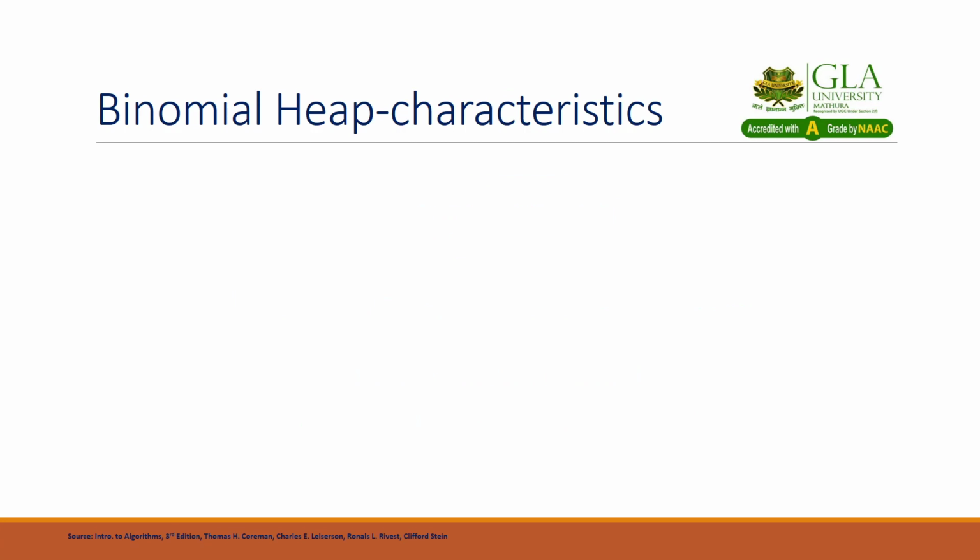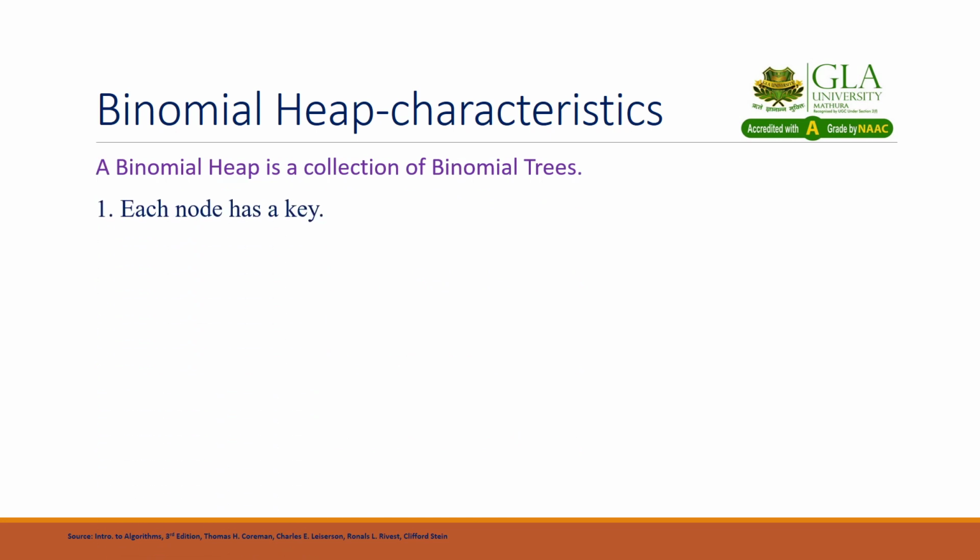So first, what is the binomial heap? The binomial heap is a collection of binomial trees, and all of you know about the binomial trees that I have discussed already in my previous video. Now what are the basic characteristics? First, each node has a key.